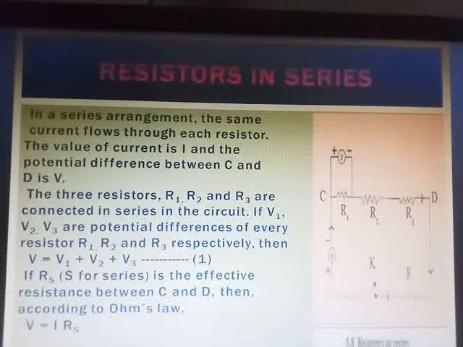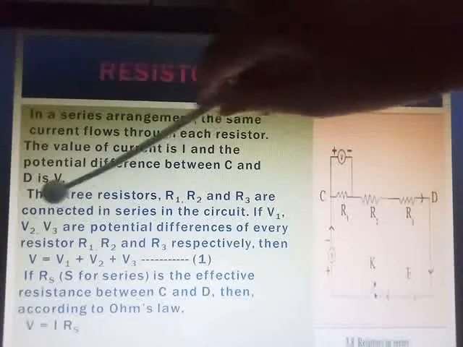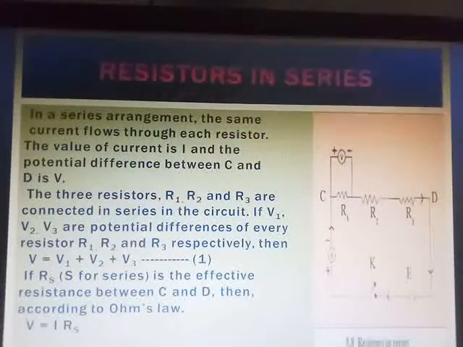If you want the total voltage, then the total voltage will be the sum of individual voltages. So V is equal to V1 plus V2 plus V3. Here the very important concept is that in series combination, the same current flows through the circuit and the potential difference is the sum of the voltages across each resistor.